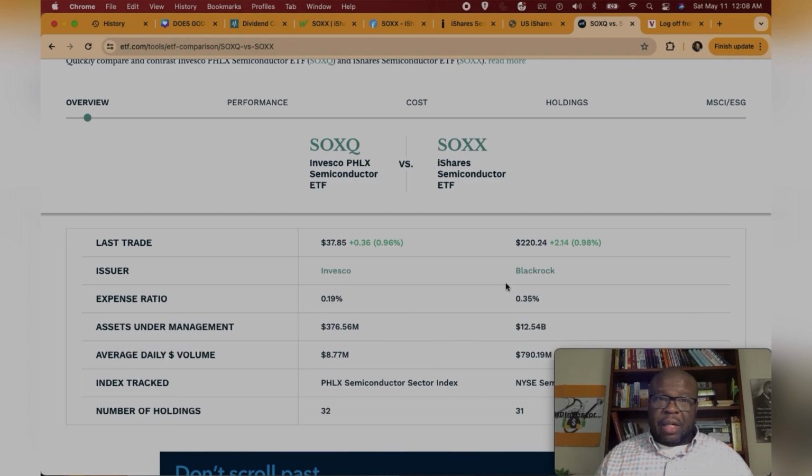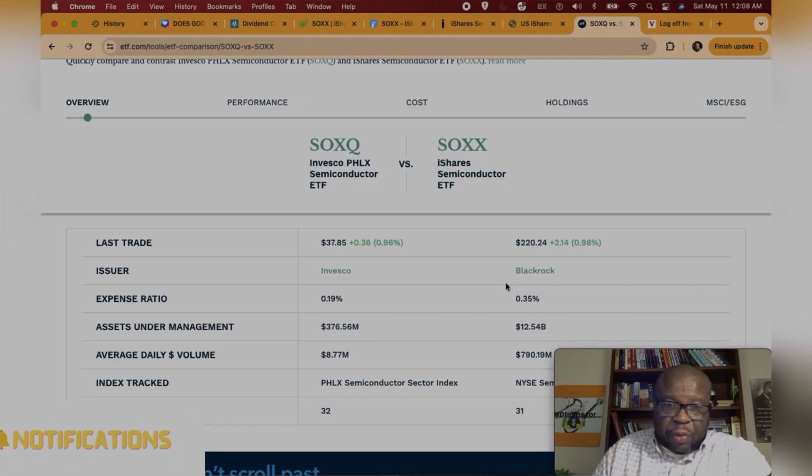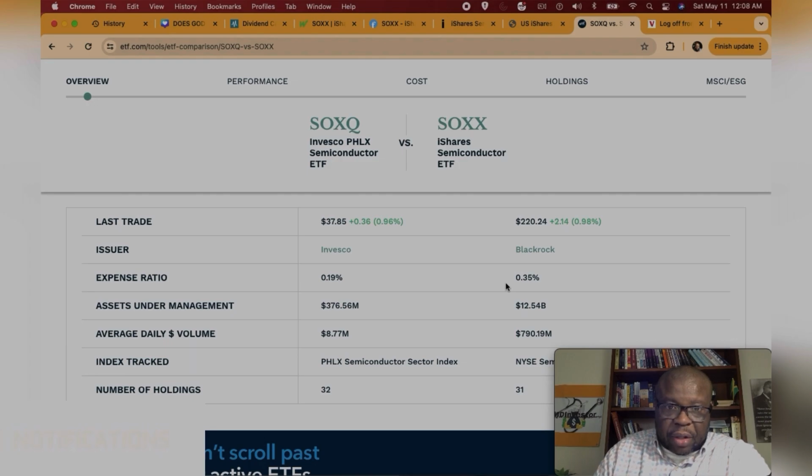So obviously, SOXQ is much newer, less than 3 years. And SOXX has been around for about 23 years. So that's another key difference, right? There's more data for SOXX, over 20 years, and SOXQ is less than 3 years, so it's newer.